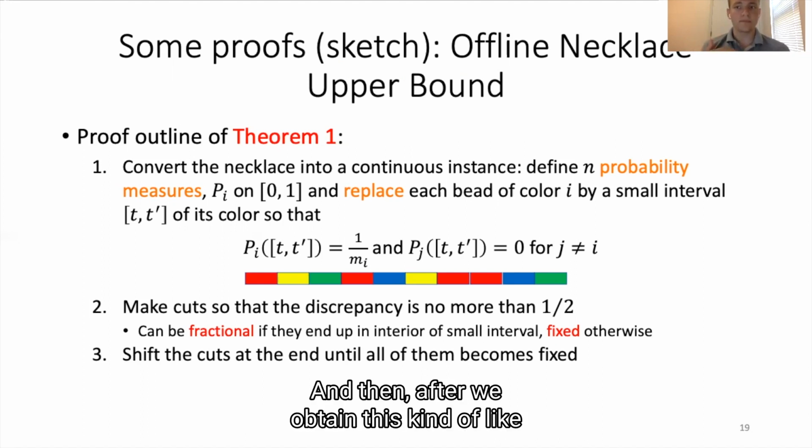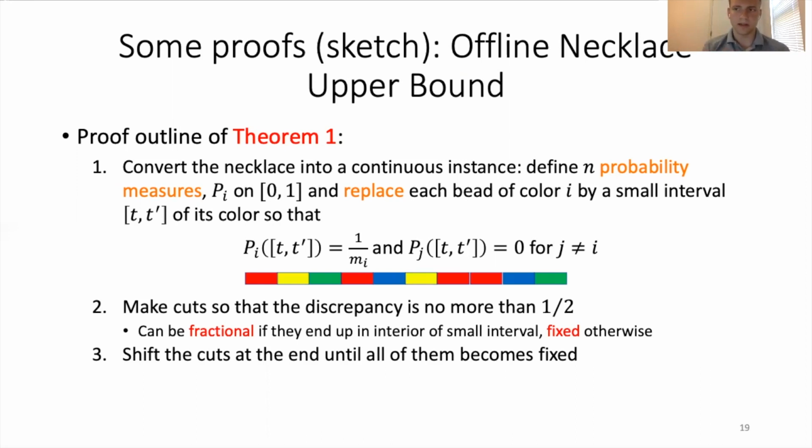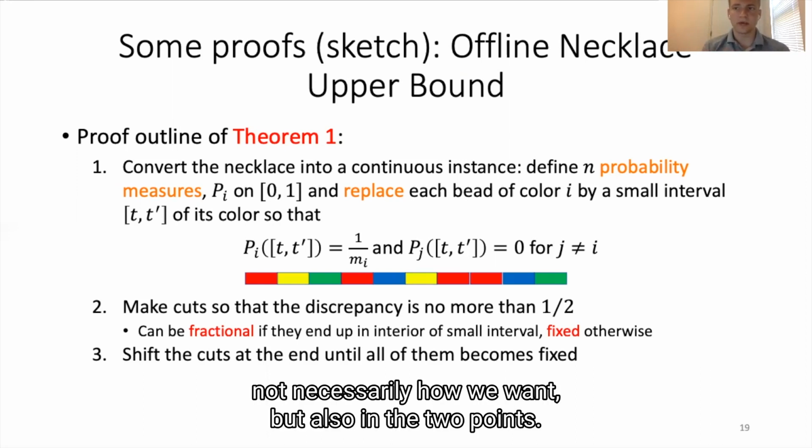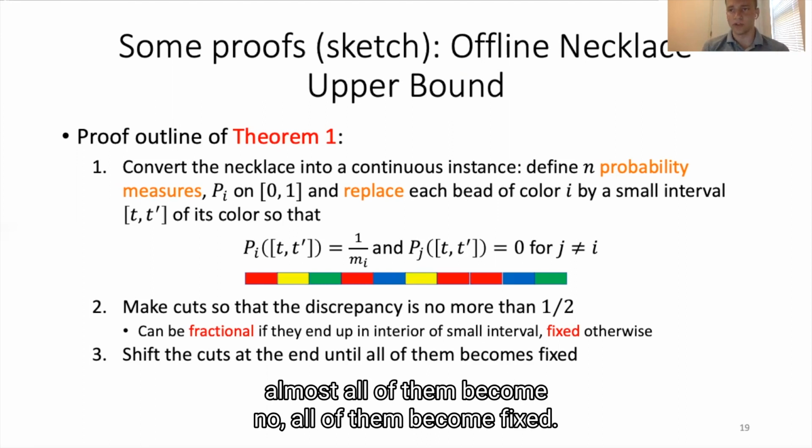And then after we obtain this kind of fractional solution, that can cut the beads not necessarily how we want, but also in two parts, at the end, we'll be shifting the cuts until all of them, or almost all of them, become fixed.